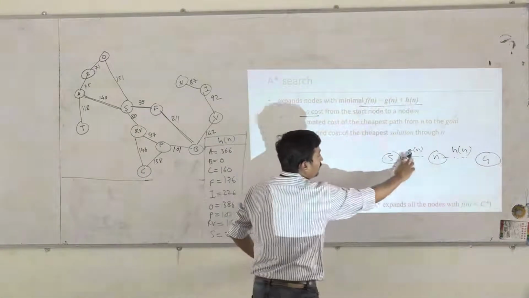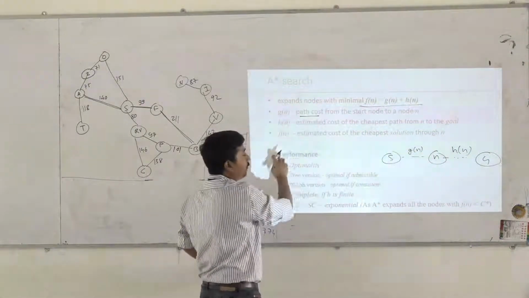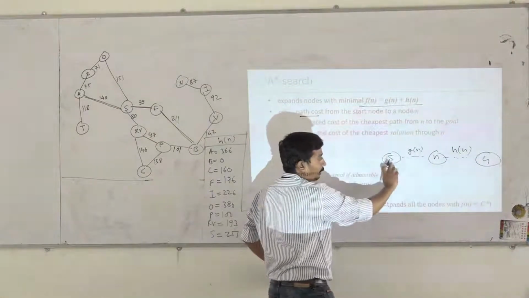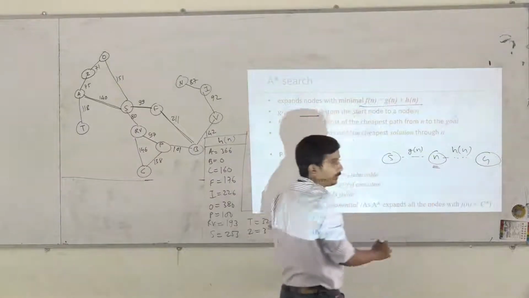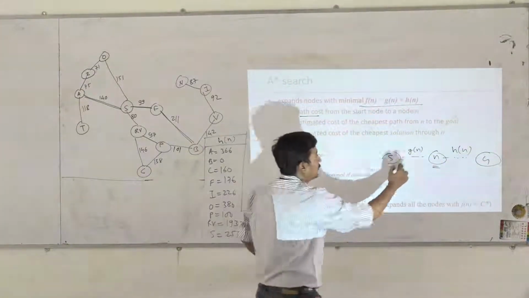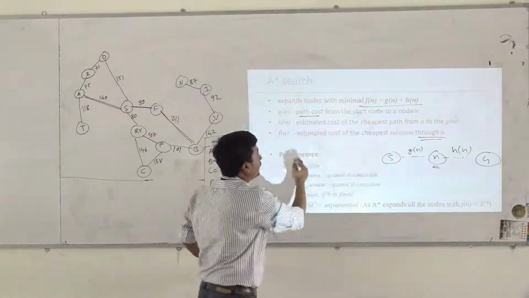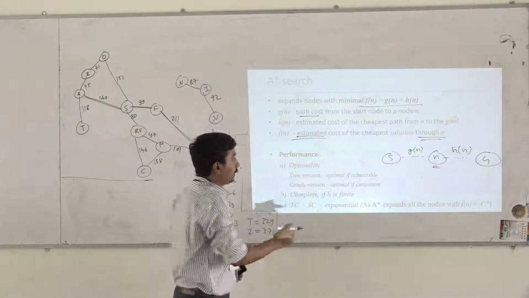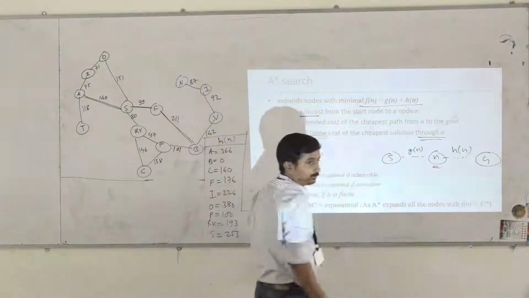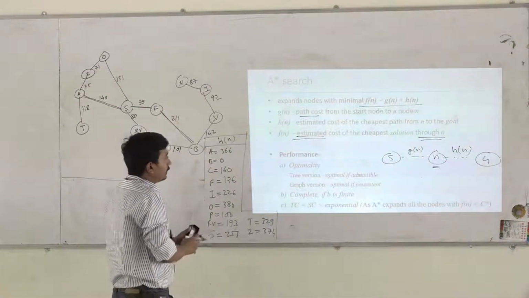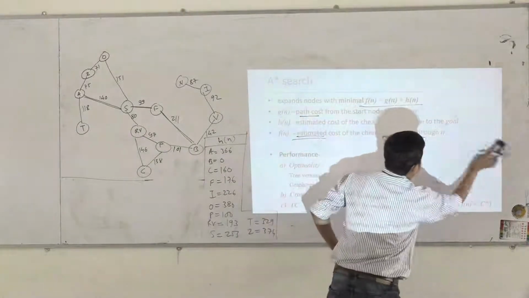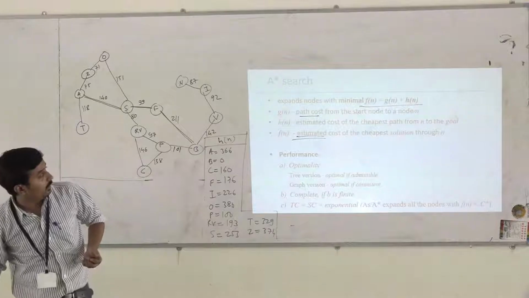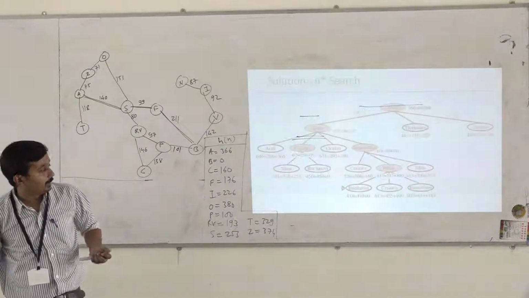So f of n is the estimated cost of the solution from source to goal via n. It indicates the estimated cost of the cheapest solution via n. We'll talk about the performance later. Let us see the example, the same example but using the A-star algorithm.